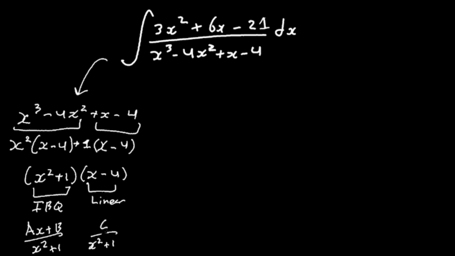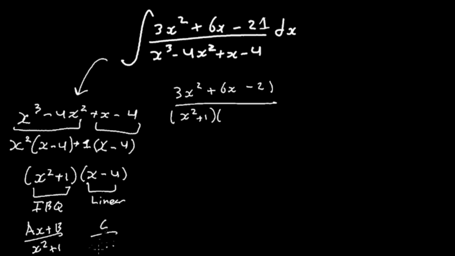The first thing we're going to do is write out what it's going to look like. So let's put in our factored version. Wait, I put x squared plus 1 over here. That was supposed to be x minus 4.